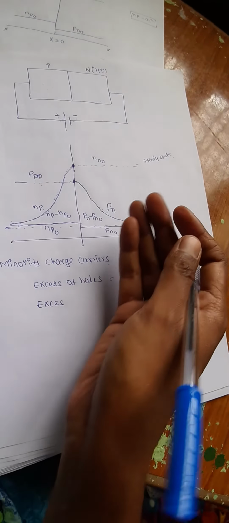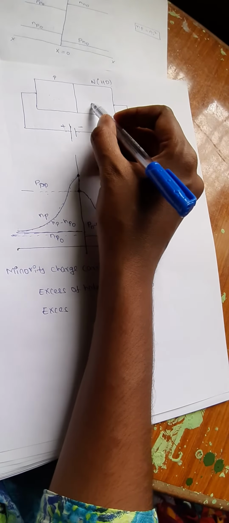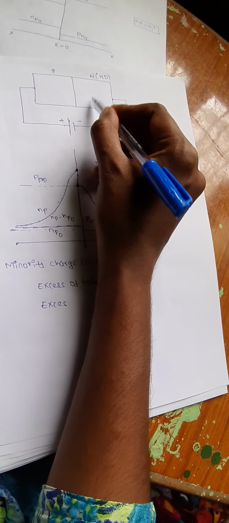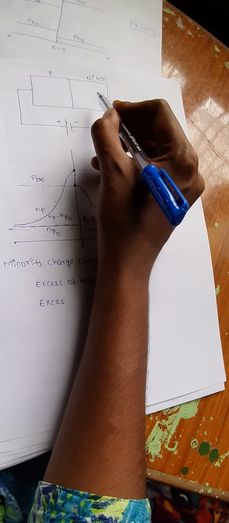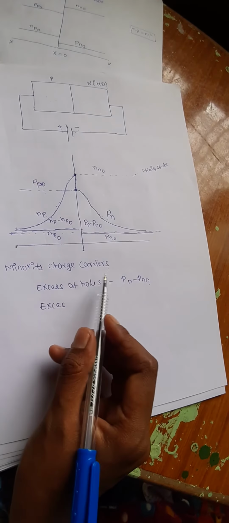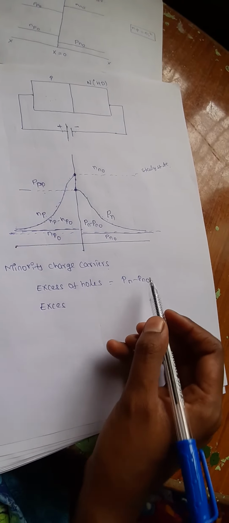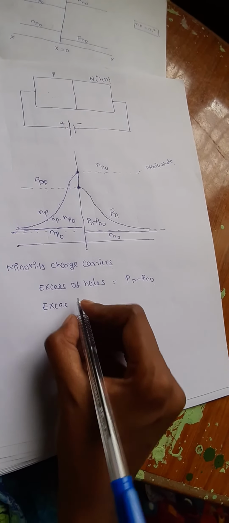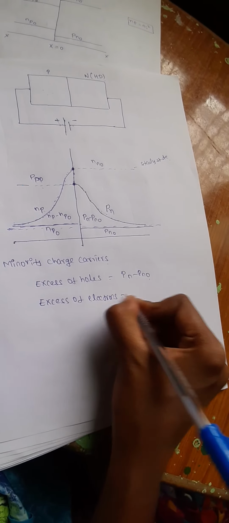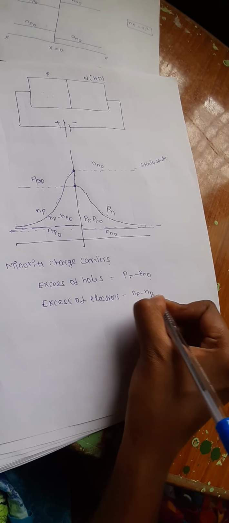If you consider this p and n type, those are the majority carriers for p and n type, and whenever they are injected from the p side to the n side, they become minority carriers. So these are the minority charge carriers. The excess of holes will be indicated by pn minus pn naught, and the excess of electrons is nothing but np minus np naught.